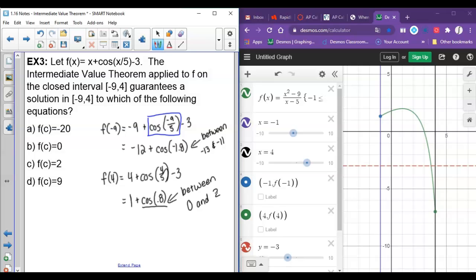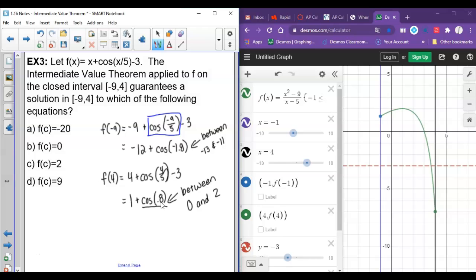So if we look at this, here we're going from a number that's somewhere between -13 and -11 up to some number between 0 and 2. I do know that it is not 2 because I know cosine of 0.8 is not going to be 1, because to have cosine of 1, I would have to have cosine of 0.